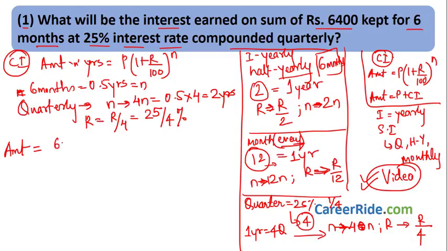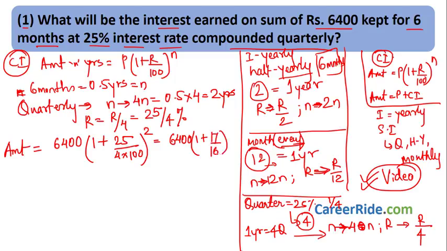P is 6,400 into (1 + 25/(4 into 100)) raised to n. What is the number of years? 2. What do we get over here? 6400 (1 + 1/16) squared.